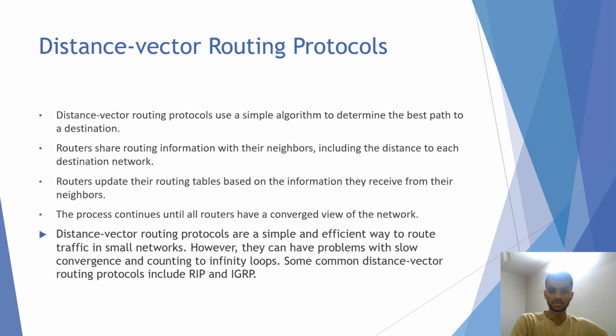The process continues until all routers have a converged view of the network. Distance vector routing protocols are a simple and efficient way to route traffic in small networks. However, they can have problems with slow convergence and count-to-infinity loops. Some common distance vector routing protocols include RIP and IGRP.